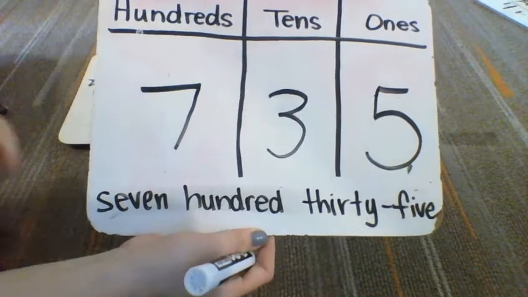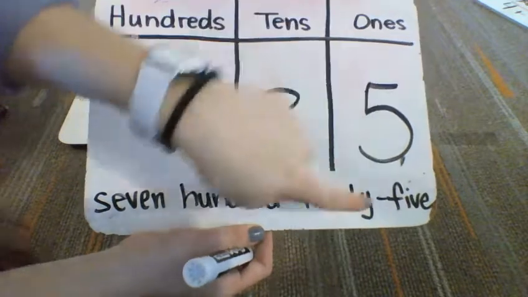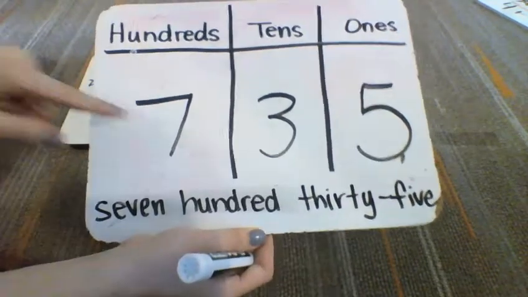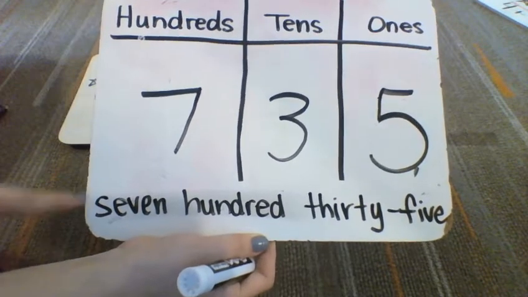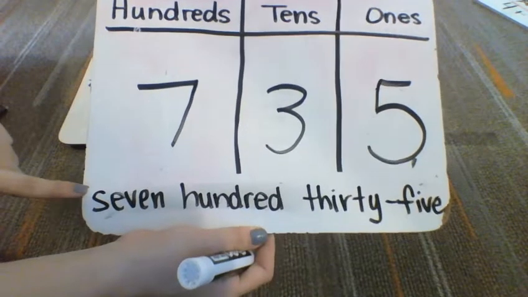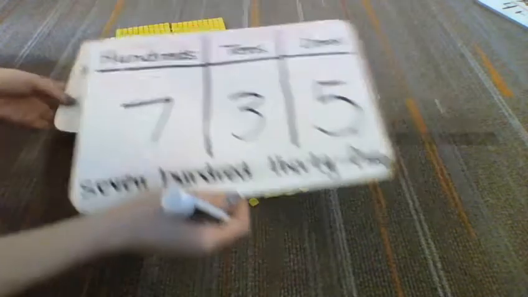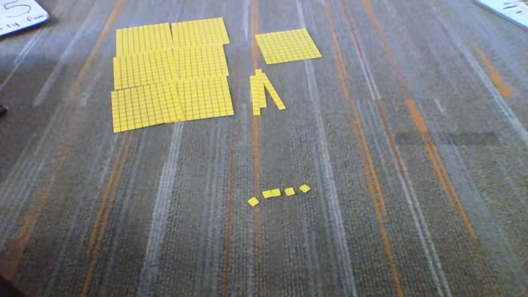They're both the same. So 735. And we use a little hyphen in between the 30 and the 5. So 735 in word form is seven hundred thirty-five. So this would be your answer for the bottom of example 1 on that bottom line. So now let's turn the page to page 69 and let's do example 2.